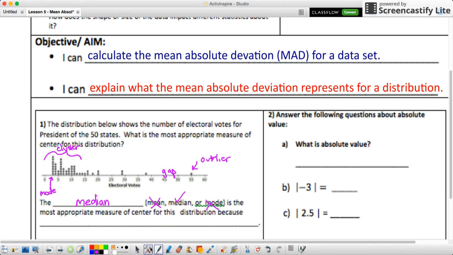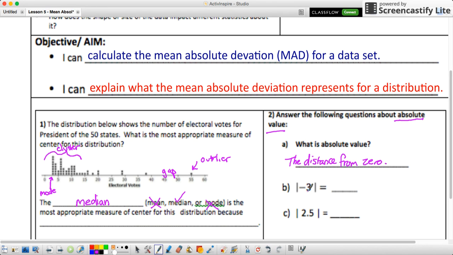Let's look at the second warm-up question. It says, answer the following questions about absolute value. What is absolute value? Well, if you remember from the fall, we said the absolute value is the distance from 0.